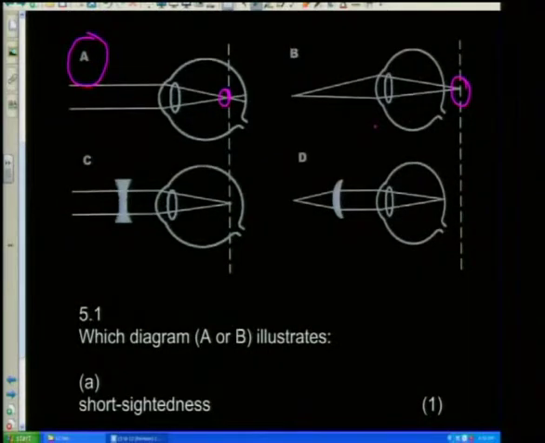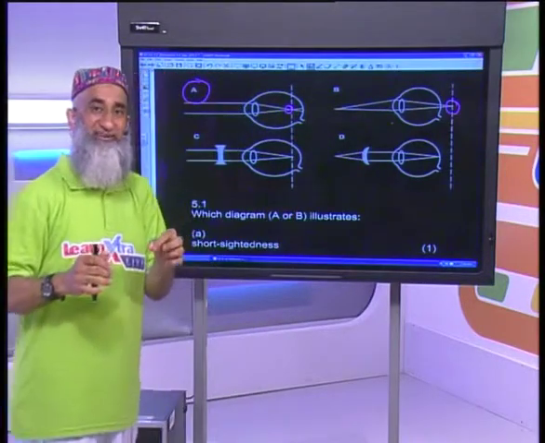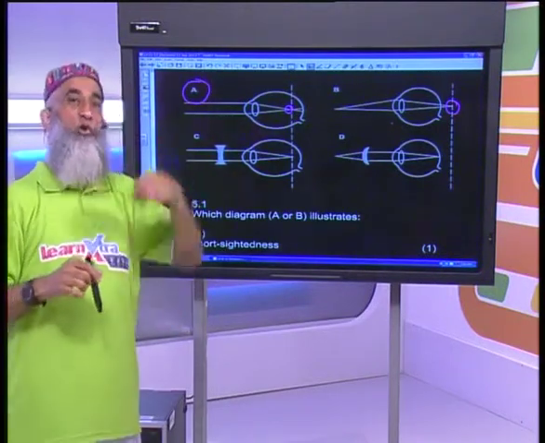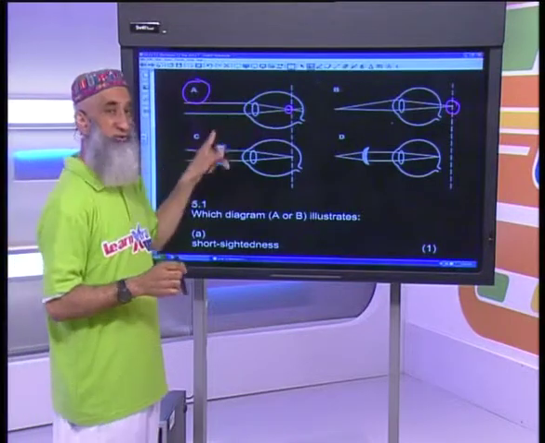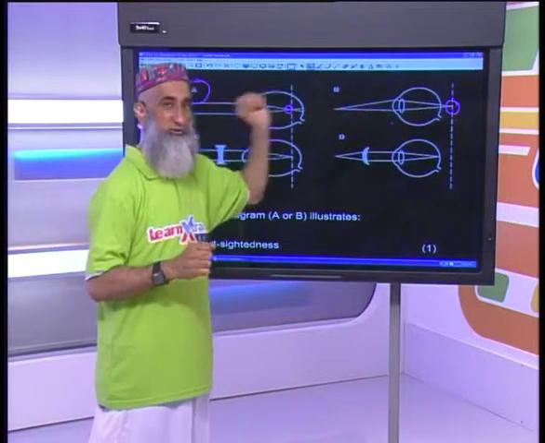So that means you're looking at a book, but you can't see the image because the image is falling behind the retina. So what you do, you push the book further away so that you're moving this image further so it falls on the retina. And that is how the optician corrects your vision, by giving you concave or convex lenses, depending on which of these two. Concave for short-sightedness and convex for long-sightedness.